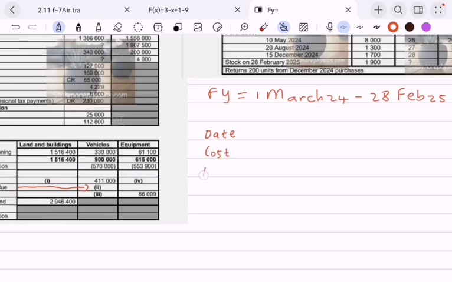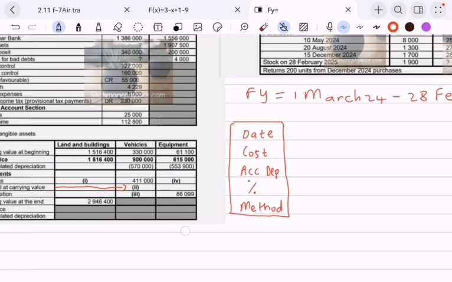The power of the box. So you would have to first determine your date, the cost, the accumulated depreciation, tell us the percentage, and tell us the method of your depreciation. This box is there to guide us.